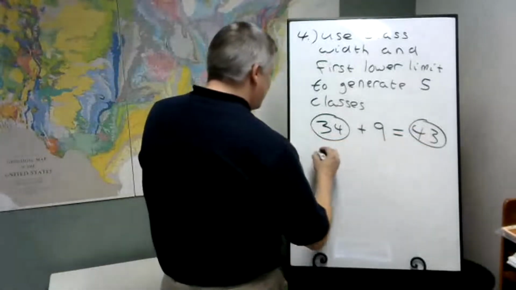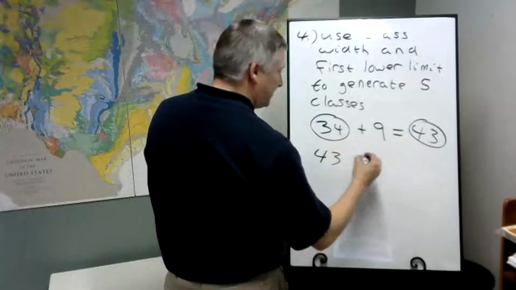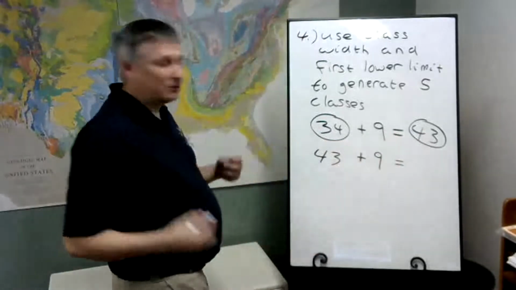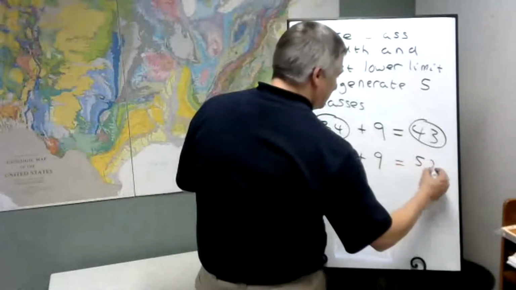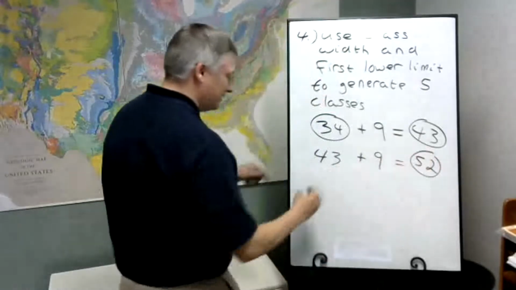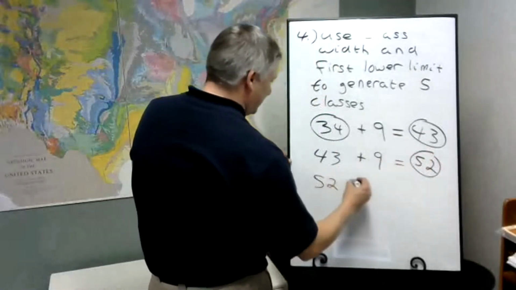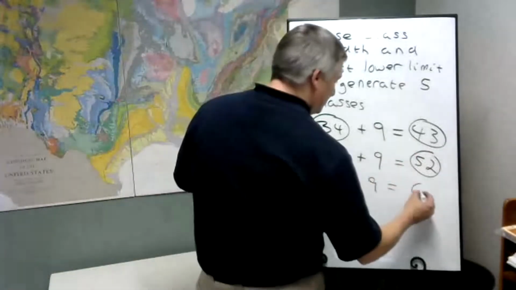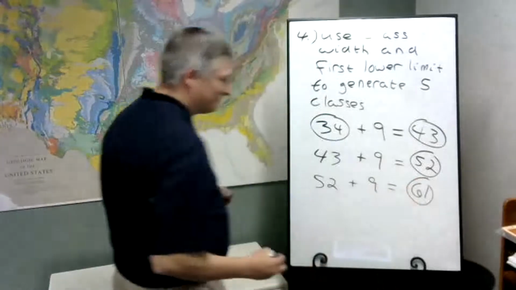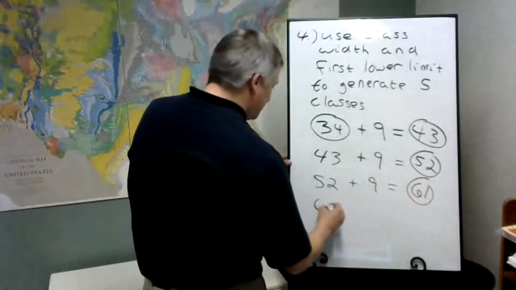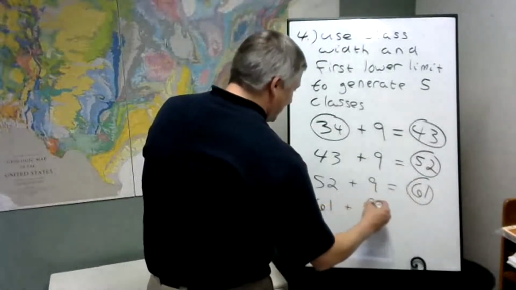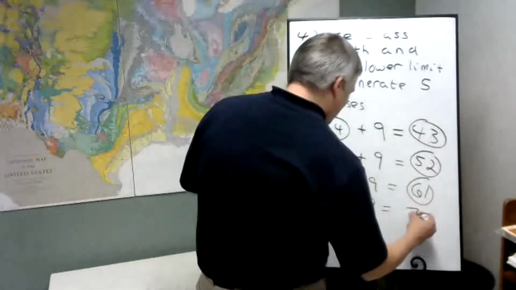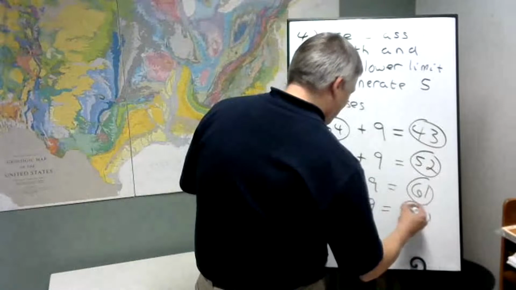So we're going to repeat this process. Take the lower limit now, add 9. We're going to get the next lower limit, 52. Take this lower limit, add the class width, we'll get the next lower limit, 61. Take this lower limit, add 9, we get the next lower limit, 70.